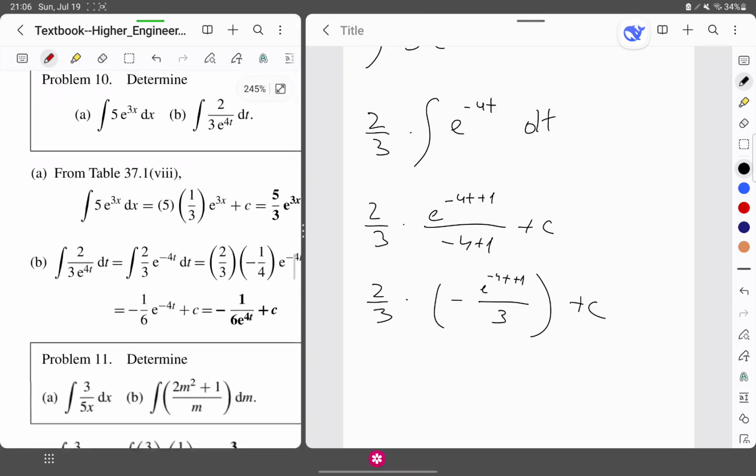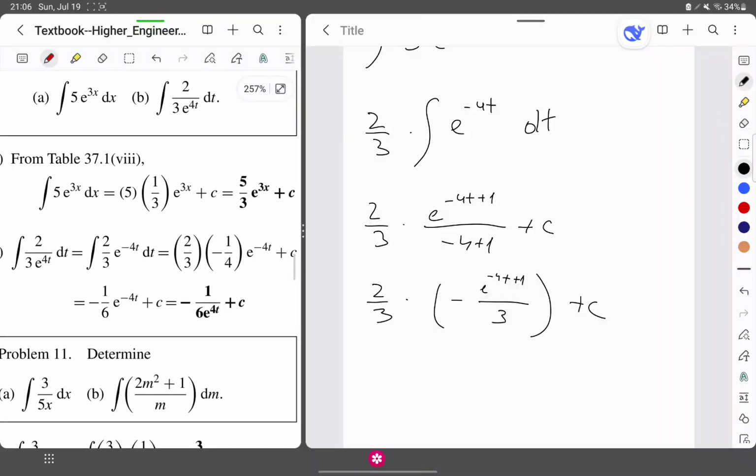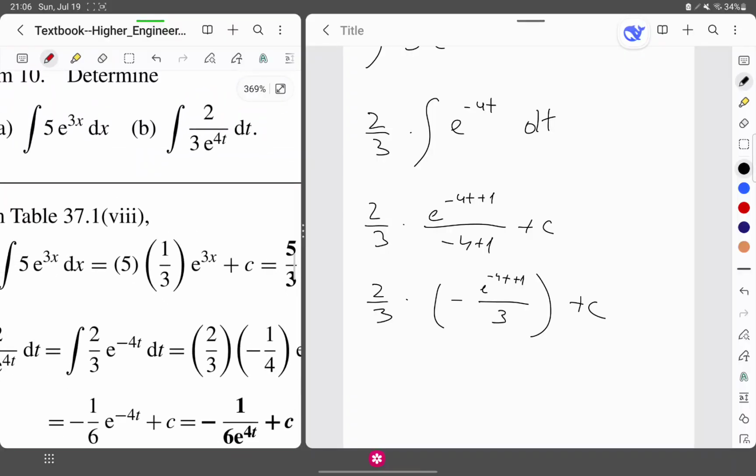Is that true? Negative 4t plus 1, yeah. So I think it's just simplified this one.